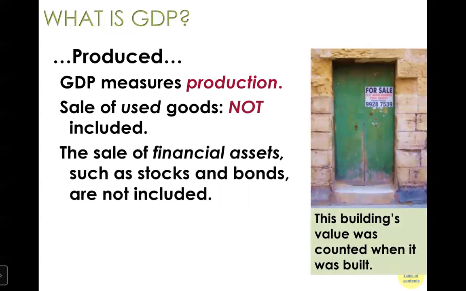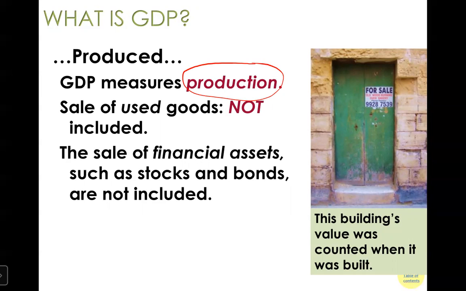So let's run a few slides to better understand what GDP means. It is produced, meaning it measures production. Furthermore, it implies we should not include used goods.